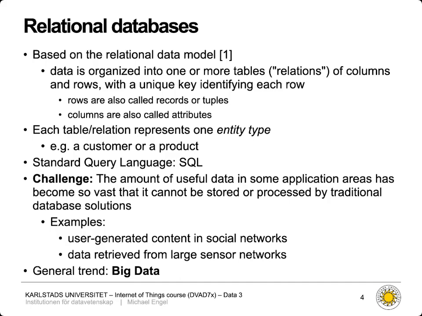For example, this might be user-generated content in social networks, like several thousands of tweets coming in every second on Twitter, or data retrieved from large sensor networks where you have thousands of sensor nodes. Running this in a relational database is very impractical.